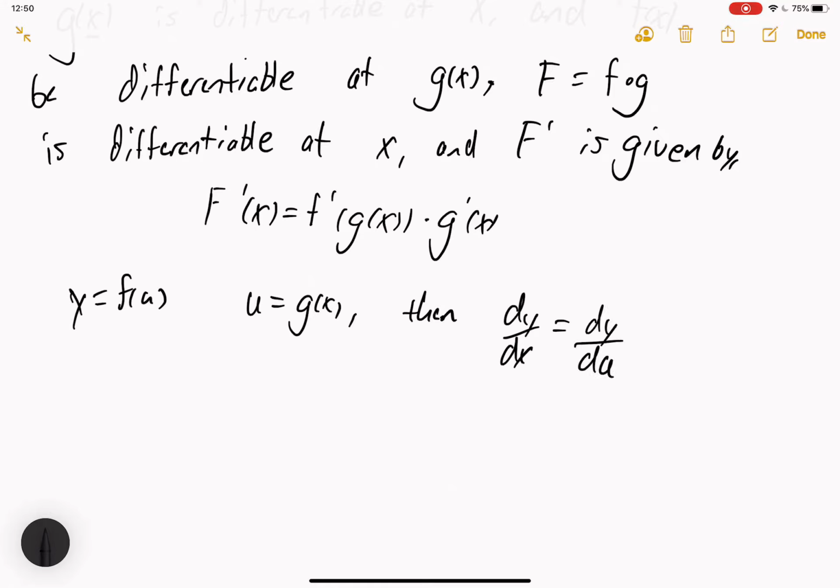So it's the derivative of y with respect to what it depends on, which is u, and then times the derivative of the inside, u, which is g of x. Well, the derivative of u with respect to x, so du dx.